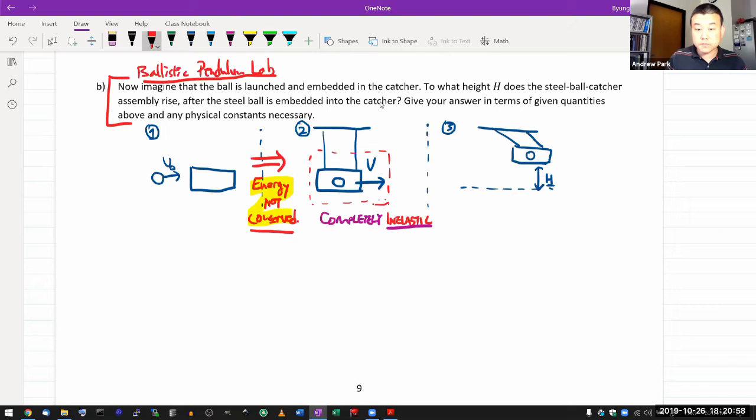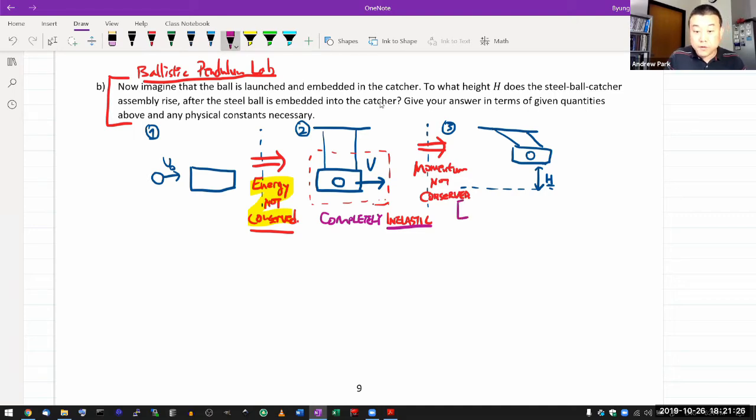And from snapshot 2 to 3, you should recognize that momentum cannot be conserved here. And here, I guess the easiest way to see that is to see that the final momentum is zero and the initial momentum isn't zero, so it can't be conserved. That's one way to see it, and that's fine if that's how you're looking at it.